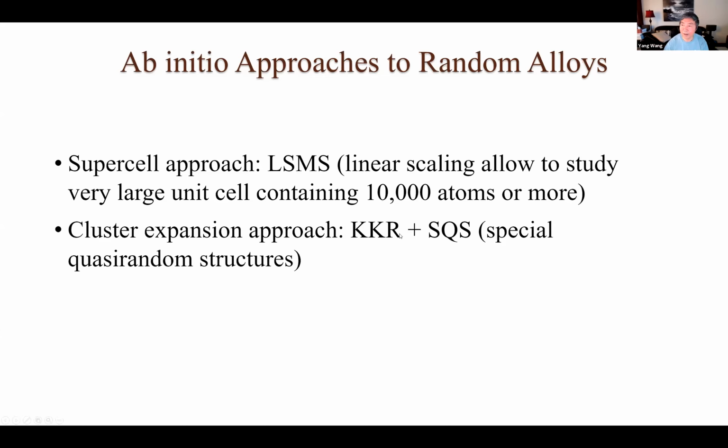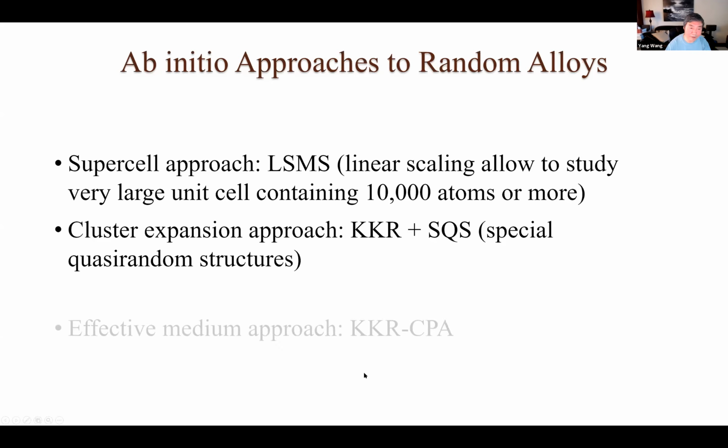KKR considers that the entire space is filled by unit cells repeating themselves to fill up the whole crystal. So it takes into account the whole crystal, it has a k-space, and the Brillouin zone integration is involved. So KKR plus SQS will be a tool to use for studying random alloys.